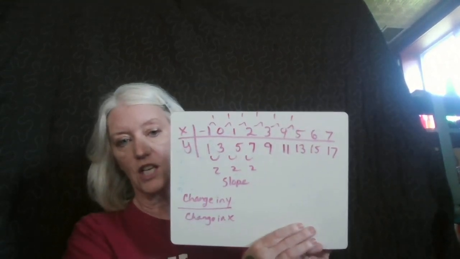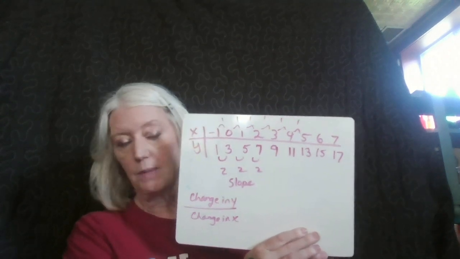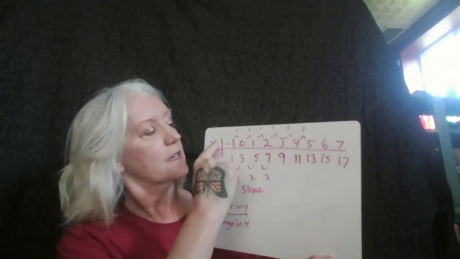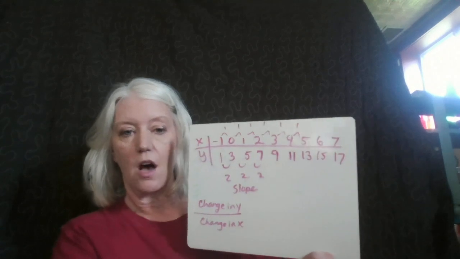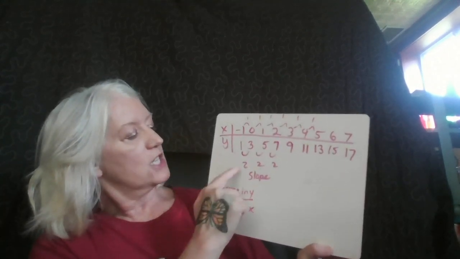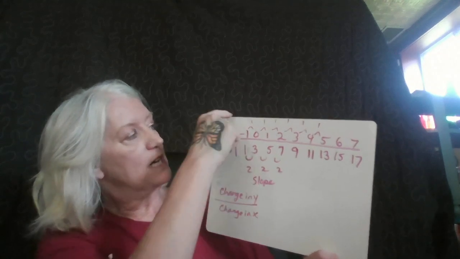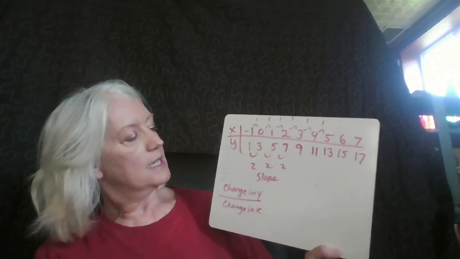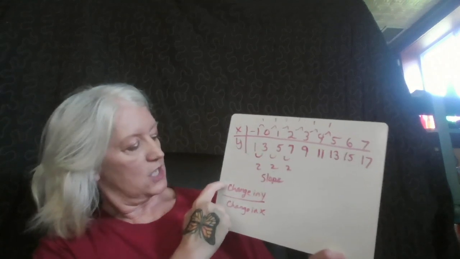And when I put it into a term table, it automatically made the change in my x values be 1 because I did that on purpose. I filled in from -1 up to 7 all of the numbers so that my change was by 1. When my change in y value is 2 and my change in x value is 1, 2 divided by 1, change in y over change in x, means that my slope is 2.